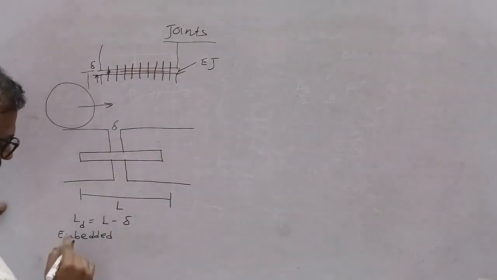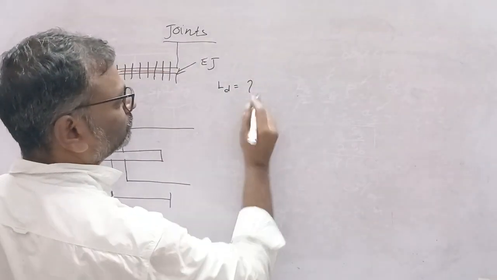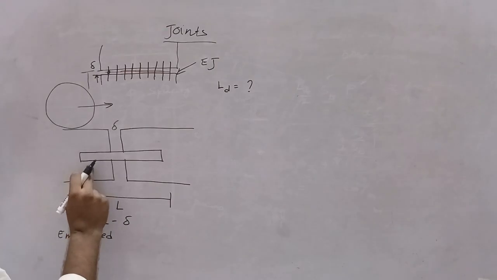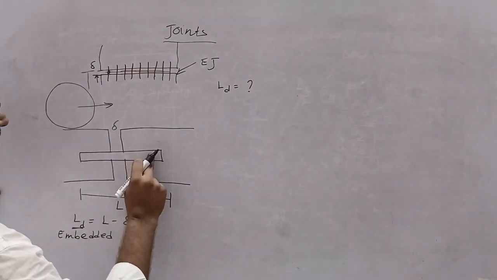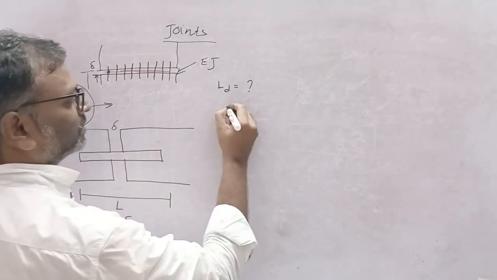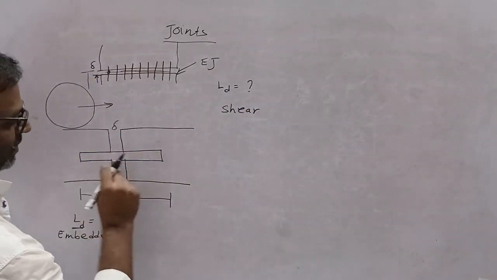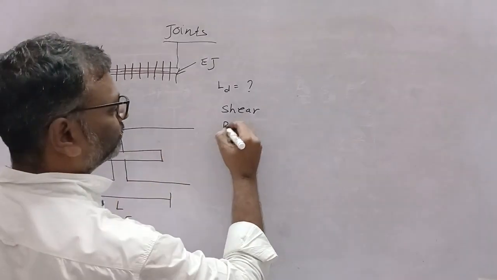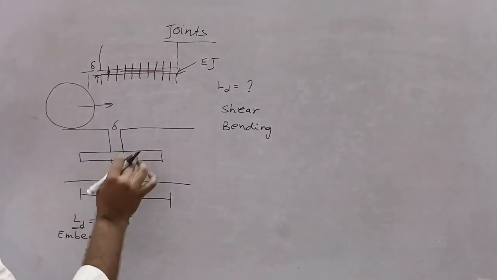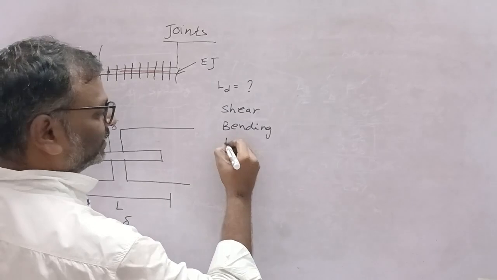And then how do we find this length? As per Bradbury, this rod may attain shear stress. There can be shear in the rod, there can be bending of the steel rod, and then there can be bearing in concrete.